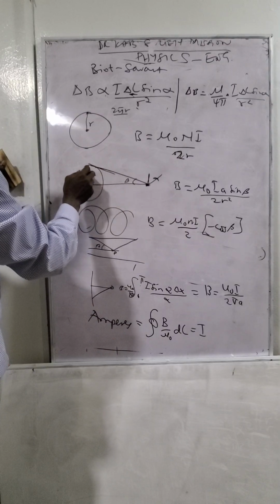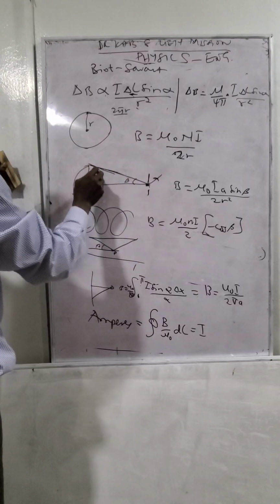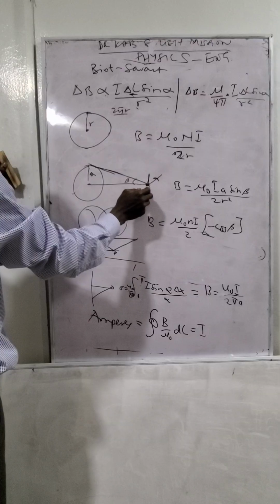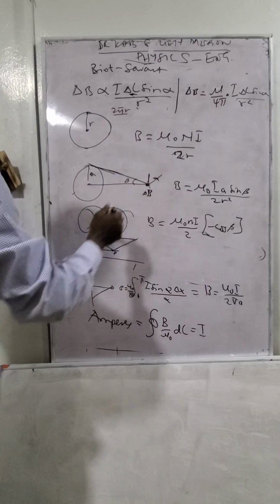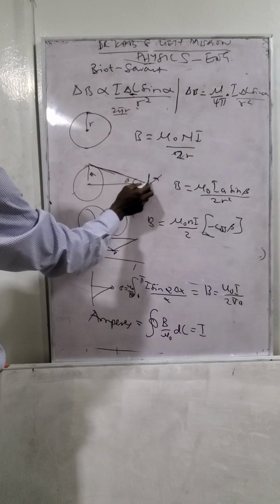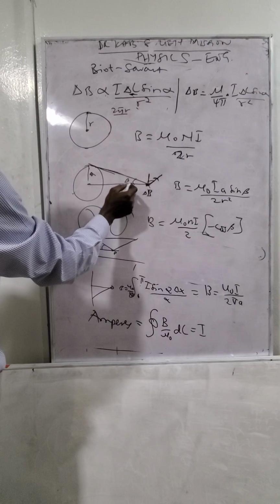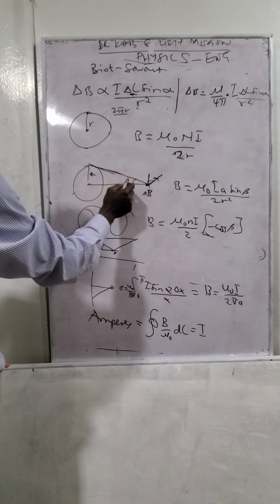Now if we want to find the field, each of these parts contributes to this field. What will happen is, let's say the force has a certain angle, which is beta. If you do the calculation of this, that will be the same.